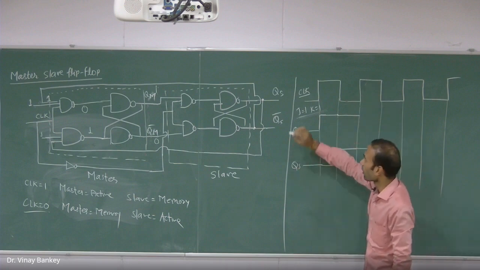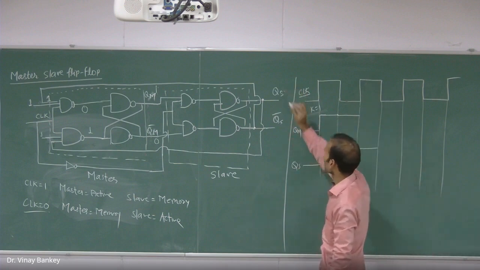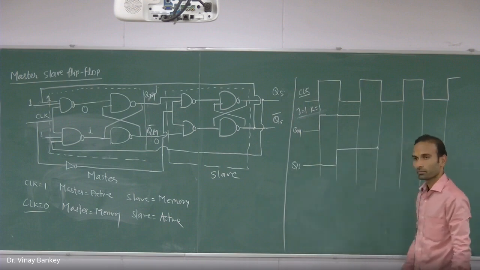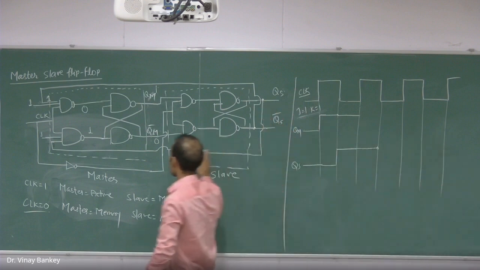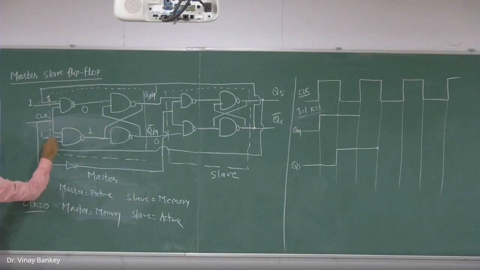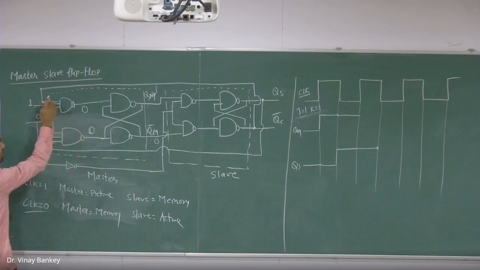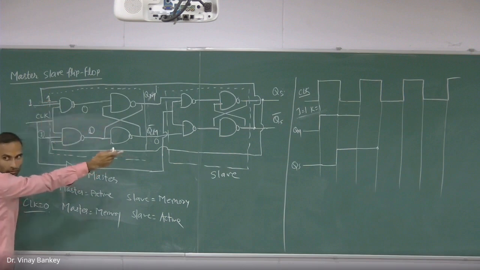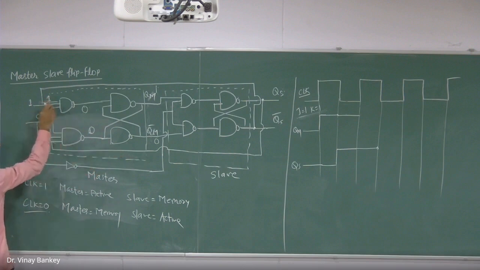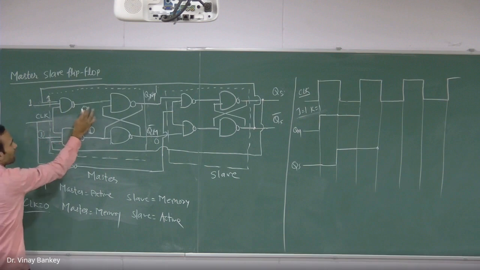Now what do we have at the QS? QS is high, and it is connected here. All these three inputs will be 1, 1, 1, so the output will be 0. Any input of the NAND gate being 0 will make the output 1.